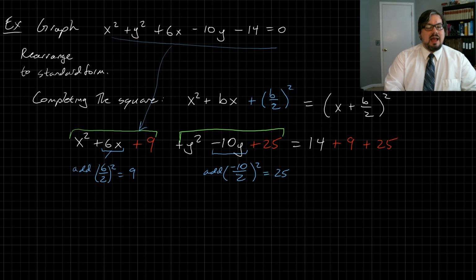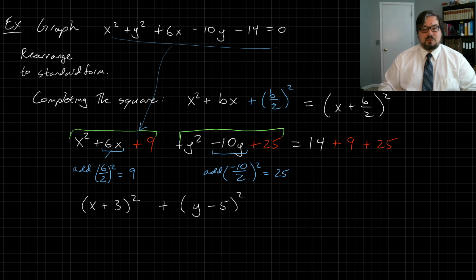Now, x squared plus 6x plus 9 factors as x plus 3 squared. That's what that whole trinomial turns into. y squared minus 10y plus 25 is y minus 5 squared. And then 14 plus 9 plus 25 is 50.